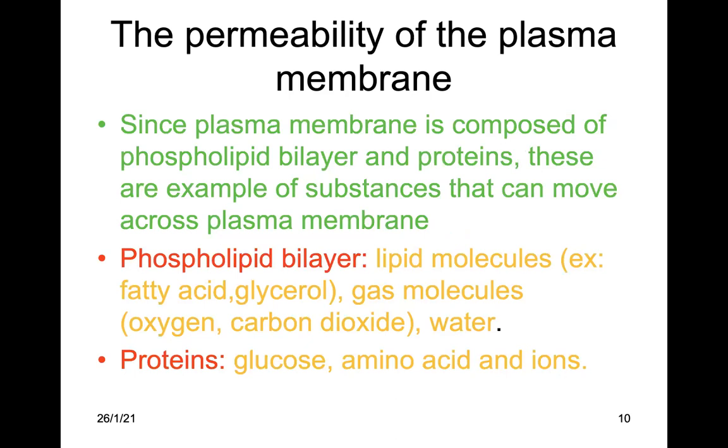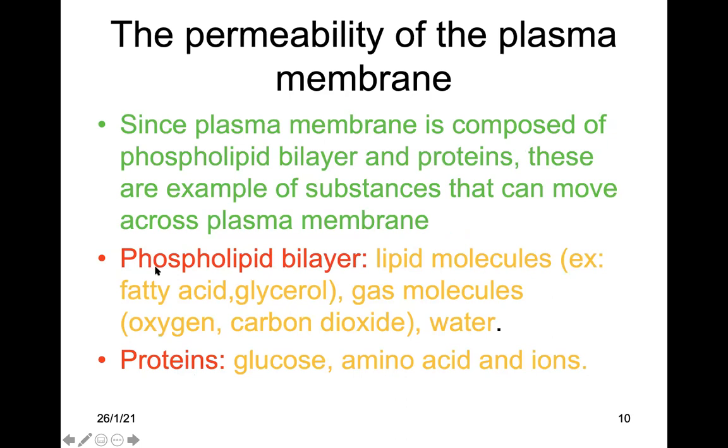Okay, so the next one you should know, because we learned just now that the plasma membrane has two things, right? Phospholipid bilayer and protein. So these are examples of substances that will use either the phospholipid bilayer or protein to get in or get out.